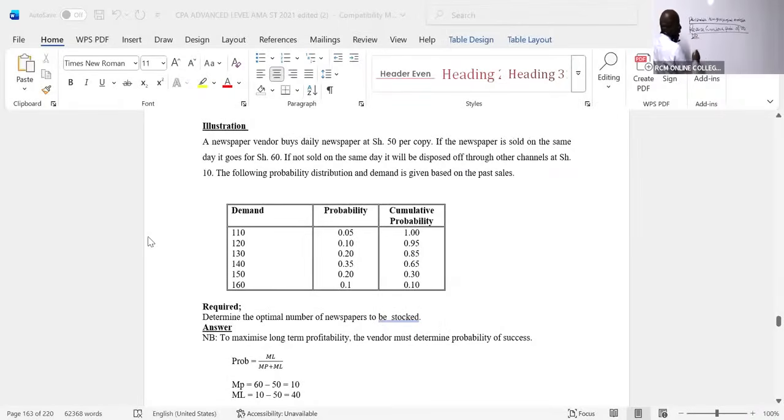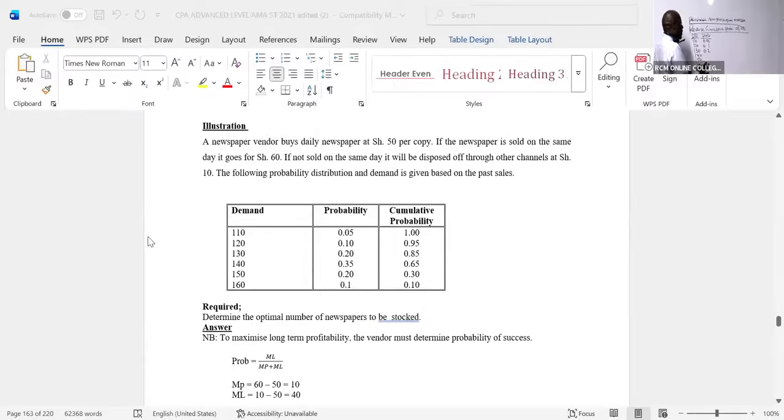So the demand figures, I can see them vividly. I can see demand there is 110, 120, 130, 140, 150, and then 160 like that. And then they have given us probability. So probability here, it is 0.05, 0.1, 0.2, isn't it?